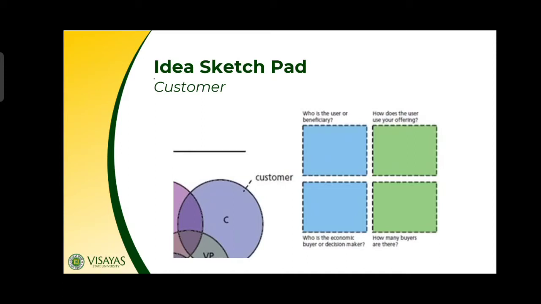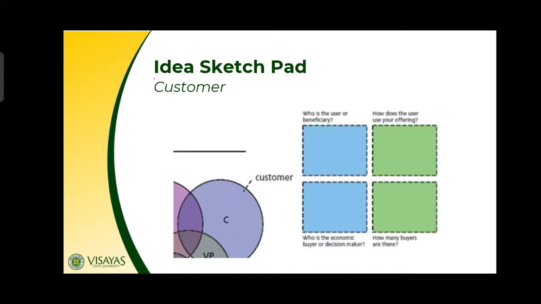If buyers are potential resellers, you have to identify each. Who are these? Are these restaurants or households? So specifically, you have to identify who these users are that you are offering the product to, how they would use the offering, and how many potential customers there are. So you must identify it there.